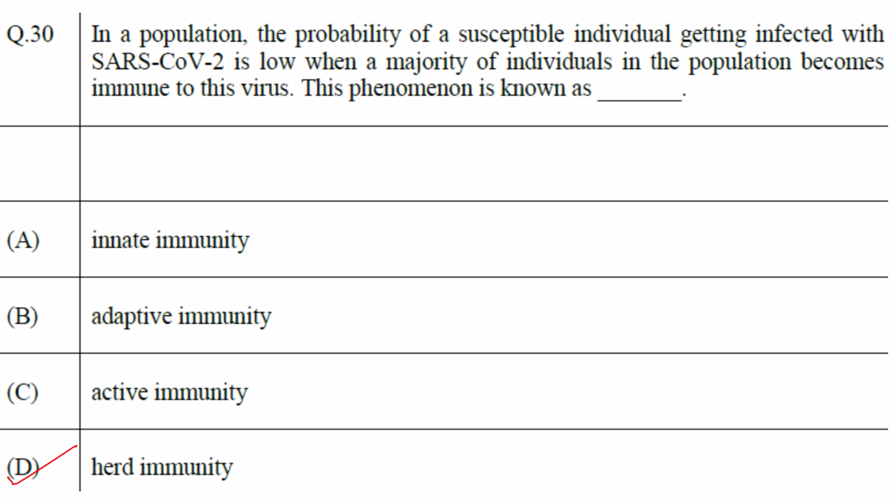Now what is innate immunity? It is a non-specific defense mechanism and it includes physical barriers, cells like neutrophils, macrophages, the complement system, etc. Then adaptive immunity, it is specific immunity and it is related to the T cells and the B cells.